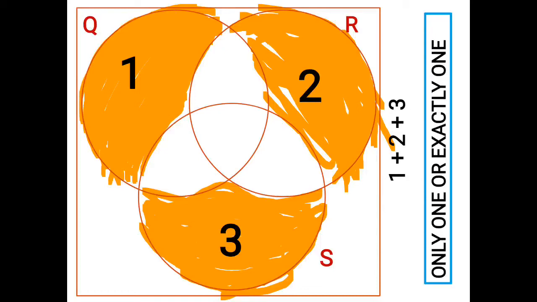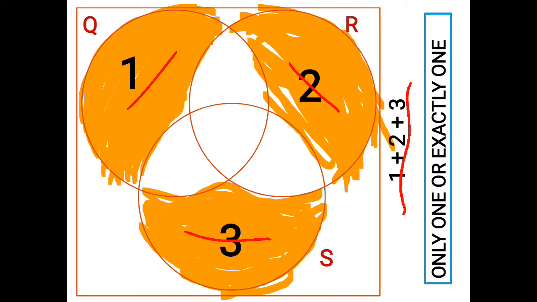So when you are told to find the number of students who read only one subject, we are adding region 1 to region 2 to region 3, and that will give us only one subject. So region 1 plus region 2 plus region 3 gives us only one subject.